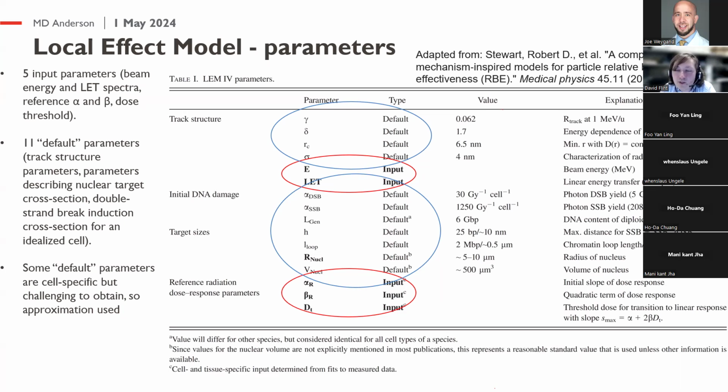And so this demonstrates one of the main limitations of mechanistic models, which is that we often find ourselves in a position where we can't really obtain the parameters we need to use the models because they're so sophisticated. Consequently, if you want to do a cross-validation of different models, even if there's a reasonable amount of survival data in the literature, you actually can't run LEM or MKM on the data that exists in a fair way to compare the models because you don't have all the input parameters.